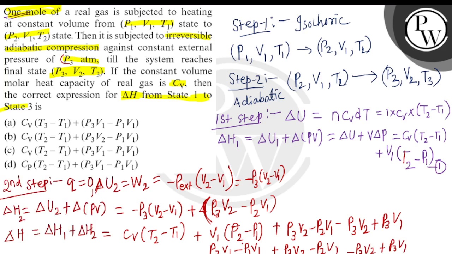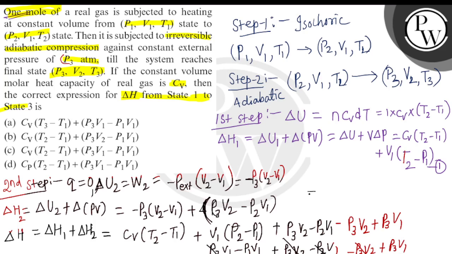So P3 V2 and P3 V2 will be cancelled, and again P2 V1 and P2 V1 will be cancelled. So we will get P3 V1 minus P1 V1.